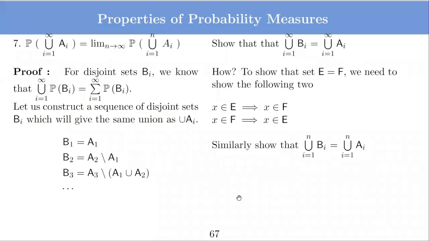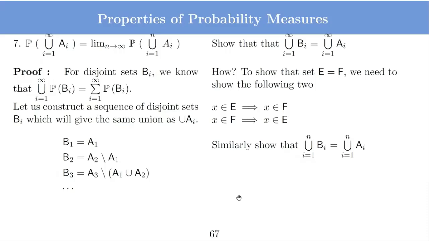Okay, but these new sets are disjoint. So what I will say is let me construct Bi in the following way, such that B1 is A1 and B2 is A2 minus A1. Okay, and then B3 is A3 minus A1 union A2.